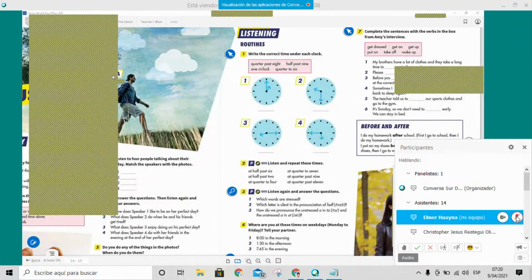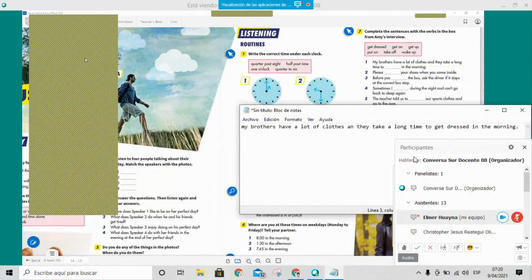Okay. Teacher, please, I see a gray picture. Can you move? Yes, sorry, it's just annotation tool, sorry. Mistake.